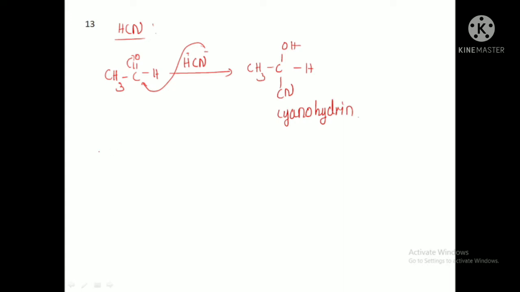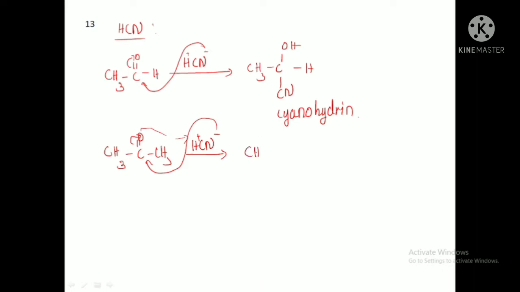In the same way, ketones also react with HCN. CH3 C double bond O CH3 on treatment with HCN gives H plus and CN minus. CN minus will attack this carbon atom, electrons will move and take this H plus.